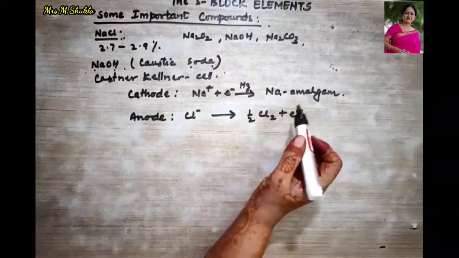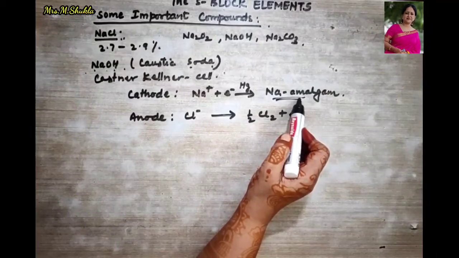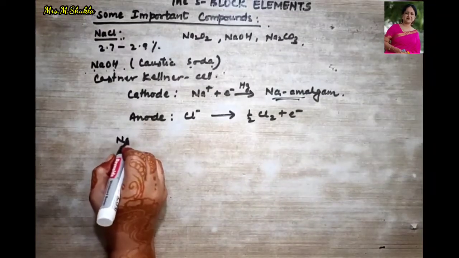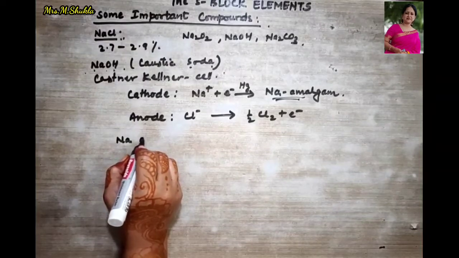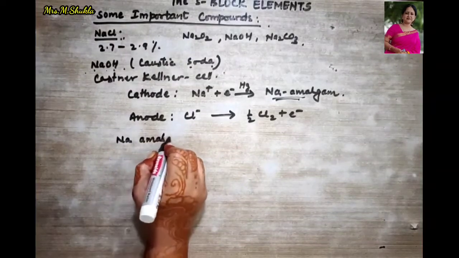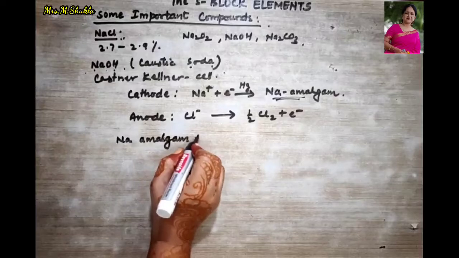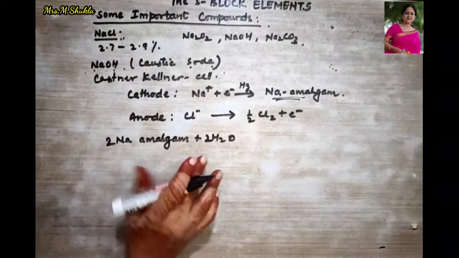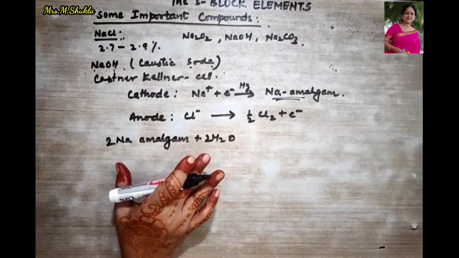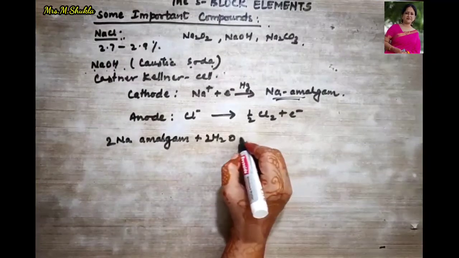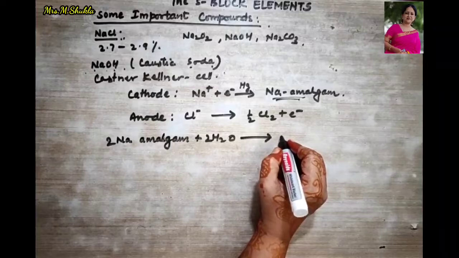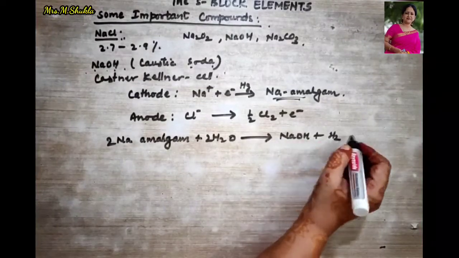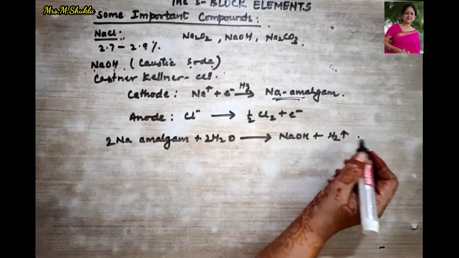Now we are talking about the sodium amalgam, which, when treated with water, right? When it is treated with water, 2 molecules of water and 2 molecules of sodium amalgam give sodium hydroxide, NaOH, and hydrogen gas is also released, right?